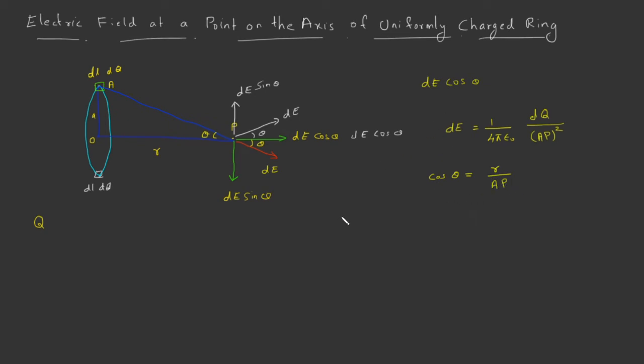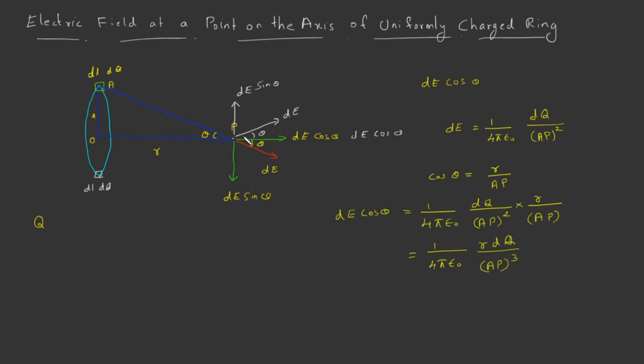So dE cos theta is equal to 1 by 4 pi epsilon 0 dq divided by AP square into R divided by AP, which is equal to 1 by 4 pi epsilon 0 R dq divided by AP cube.